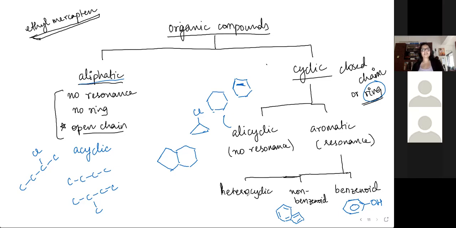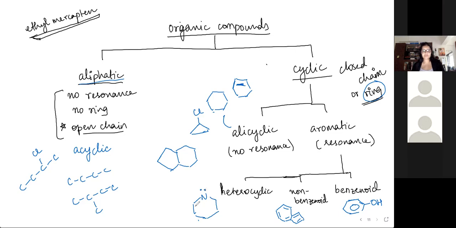Heterocyclic is if you have an atom other than carbon in the ring. Furan is a popular structure. Pyrrole, pyridine, furan, all of them. Pyridine is a 6-membered ring, but one of them is nitrogen.